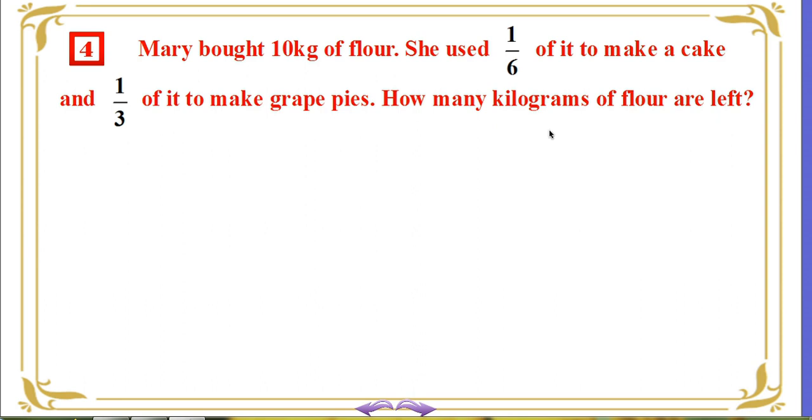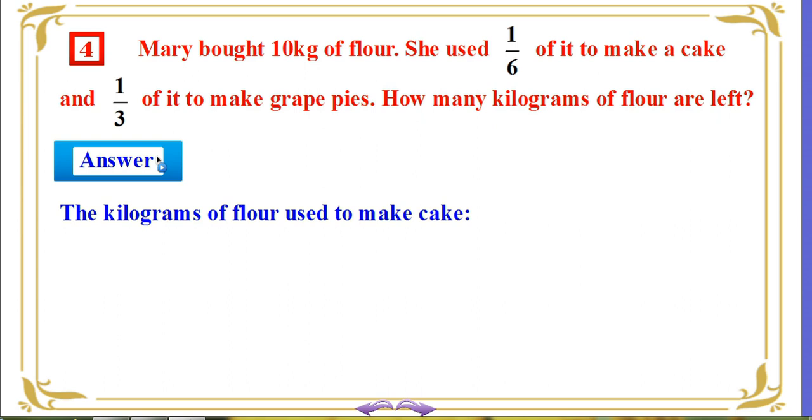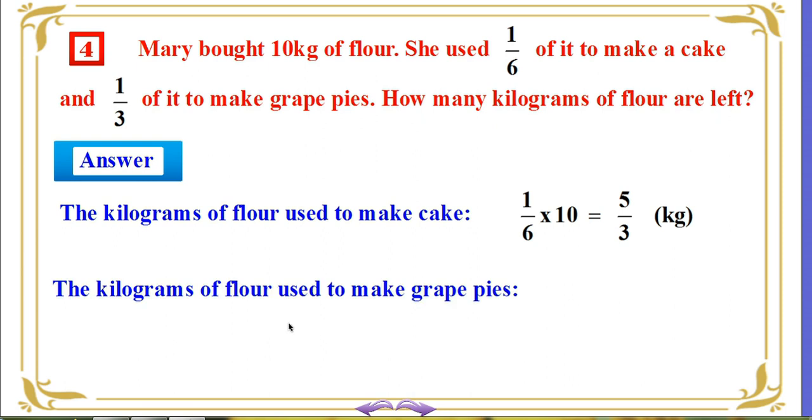We present the solutions as follows. The kilograms of flour used to make cakes is 1/6 multiplied by 10. The result is 5/3 of a kilogram. The kilograms of flour used to make crab pies is 1/3 times 10. We get 10/3 of a kilogram.